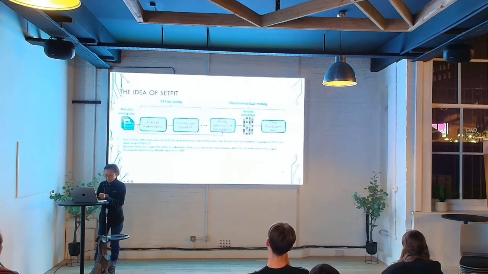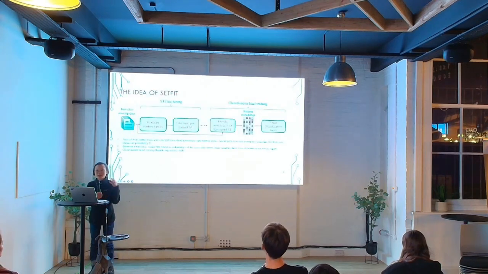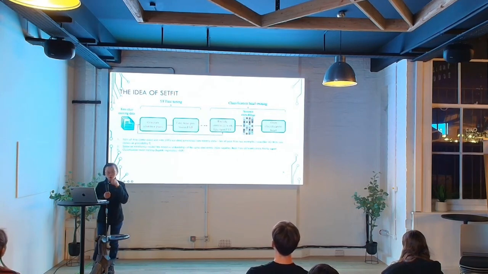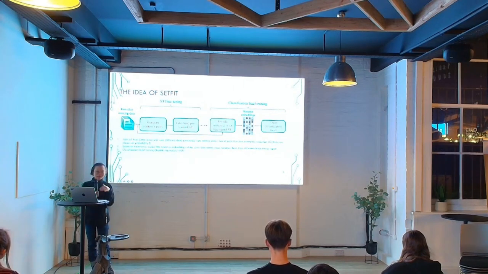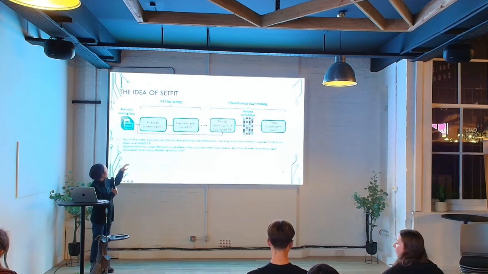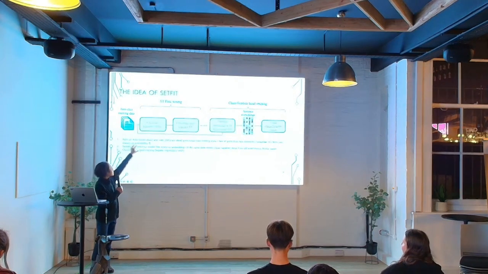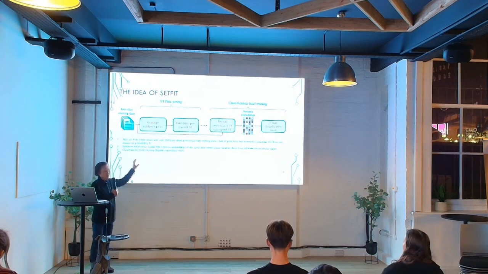So how do we use that concept to build a classifier without a very big training set? This is where SetFit comes in, and it's quite a nice idea. First you use sentence transformer to generate pairs of sentences.